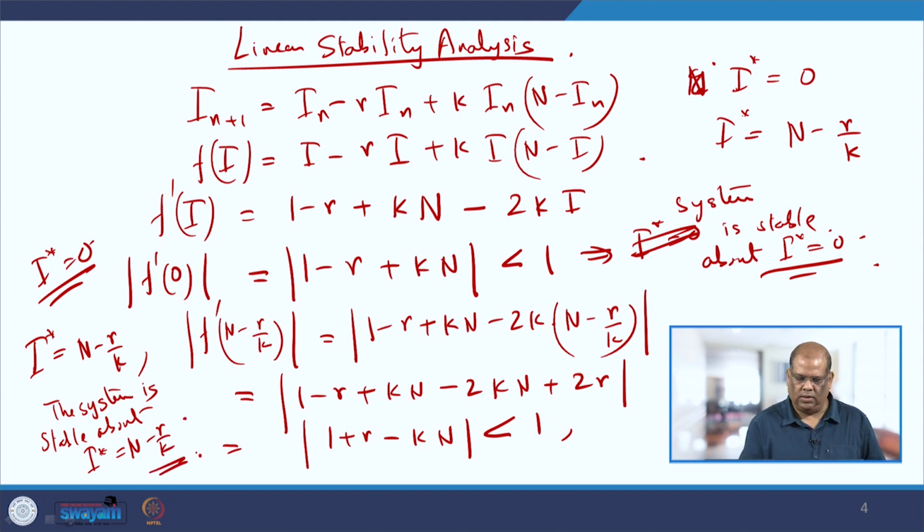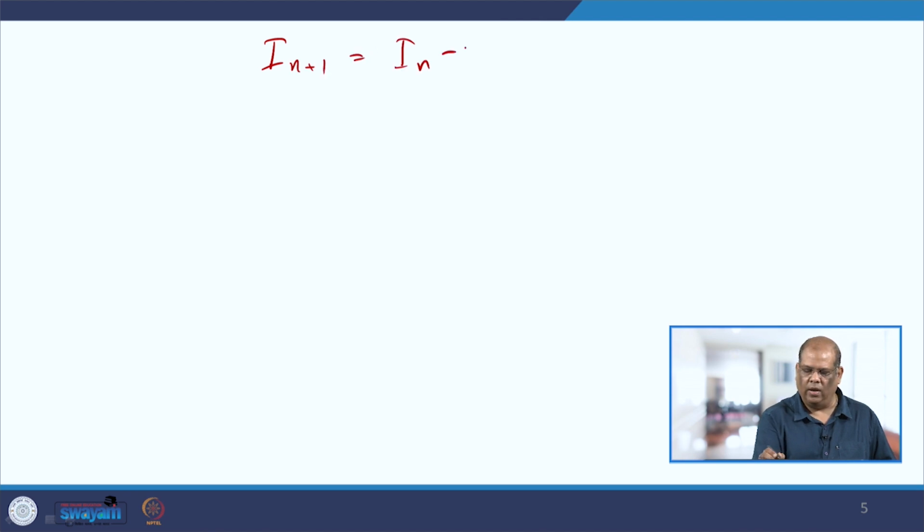Now, let us see the solution numerically. So, once the stability analysis is done, let us find the value of K. You have the model I n plus 1 is equal to I n minus r times I n plus k times I n into n minus I n.